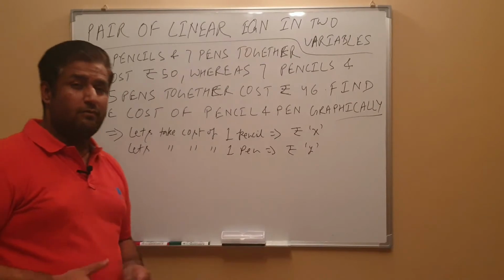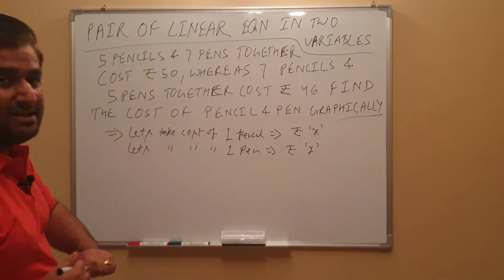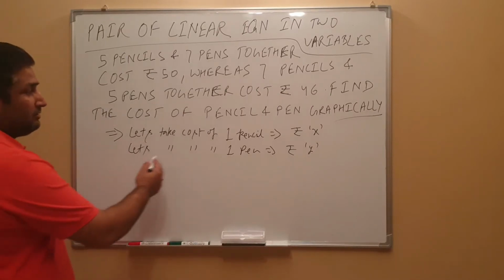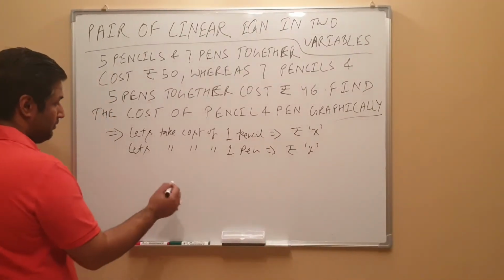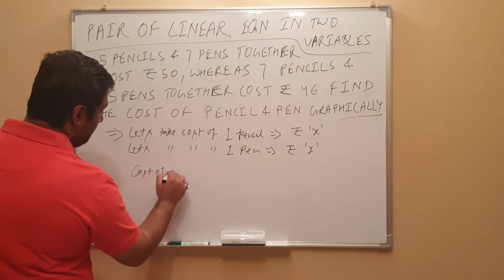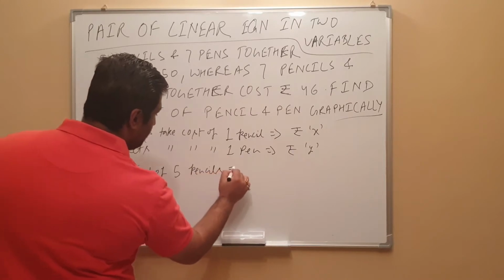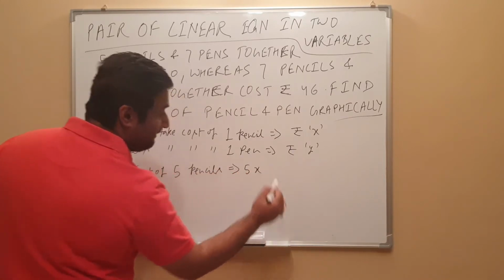Before that, we have to form the linear equations. Now, 5 pencils and 7 pens together. The cost of one pencil is x rupees, so the cost of 5 pencils will be 5 times x.